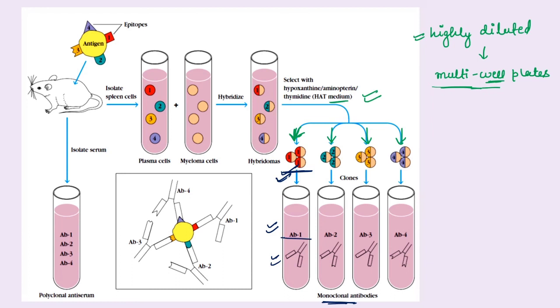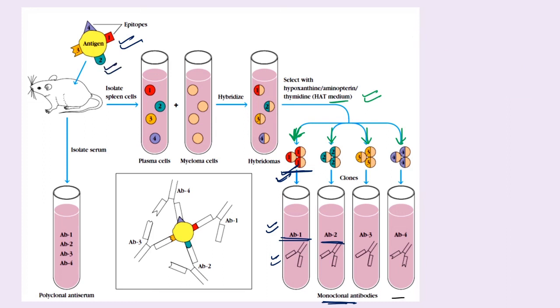For example, antibody 1 is directed against epitope 1, antibody 2 is directed against epitope 2, and they are separated from each other. Once these antibodies are formed or isolated, they need to be confirmed because there might be a chance that one well contains more than one hybridoma cell. So just to rule out that possibility, these antibodies are further confirmed. For confirmation, we can use any sensitive immunological process.